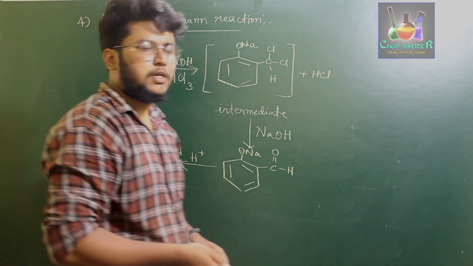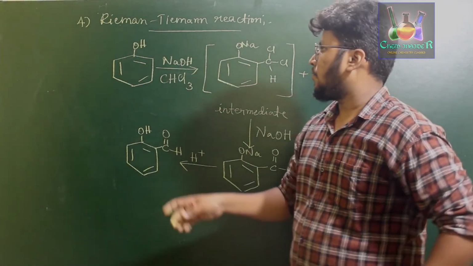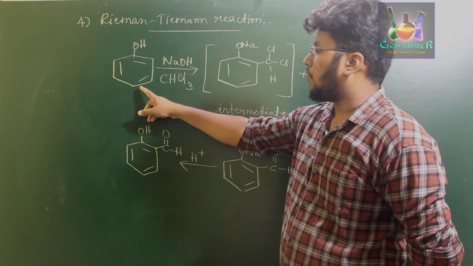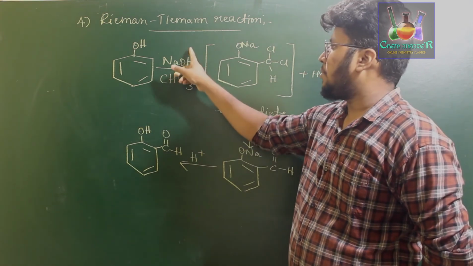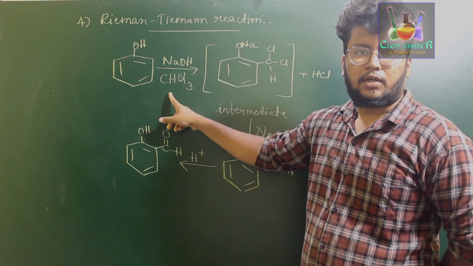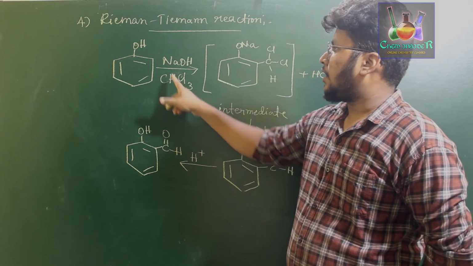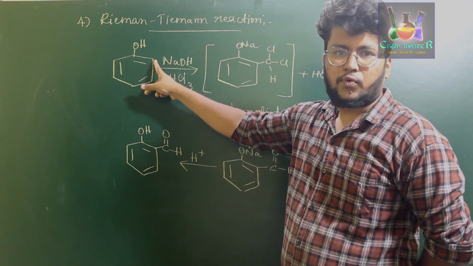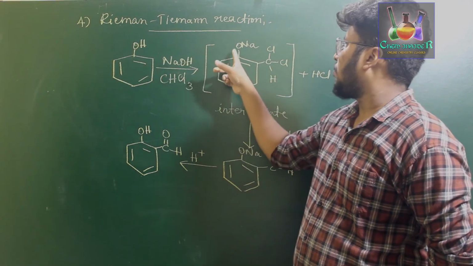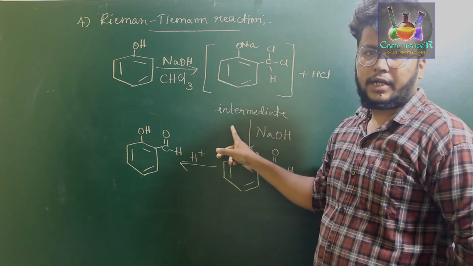So what happens here, if you observe carefully, is that we first treat the phenol group with sodium hydroxide and chloroform. It reacts at the ortho position of the OH group and forms a chlorinated sodium phenoxide intermediate.